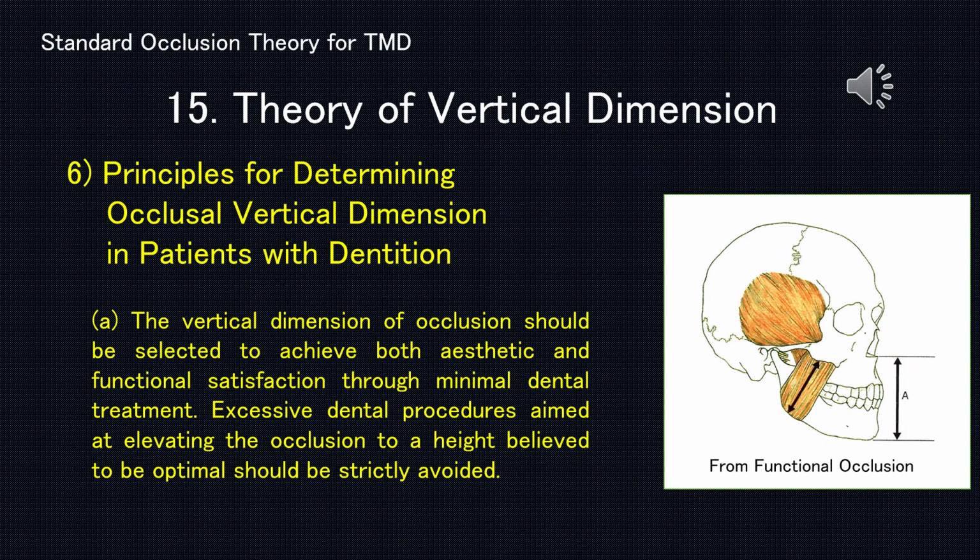6. Principles for determining occlusal vertical dimension in patients with dentition. A. The vertical dimension of occlusion should be selected to achieve both aesthetic and functional satisfaction through minimal dental treatment. Excessive dental procedures aimed at elevating the occlusion to a height believed to be optimal should be strictly avoided.